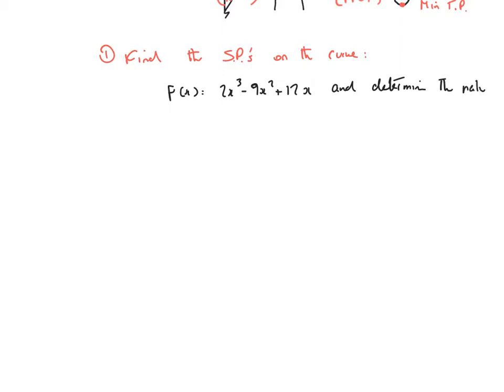Now, what does that mean? We'll get to that in a minute. That means, is it a max, is it a min, is it a rising point of inflection, or a falling point of inflection? Okay. Now, first thing to remember is we're looking for stationary points. Those are points of zero gradient.